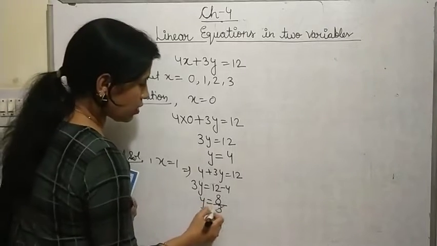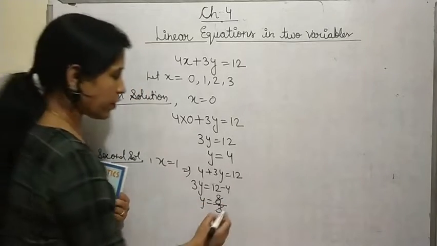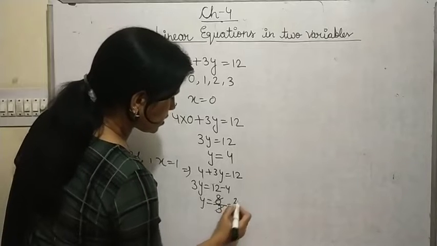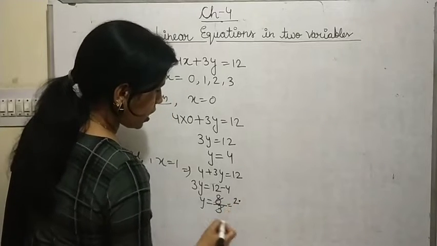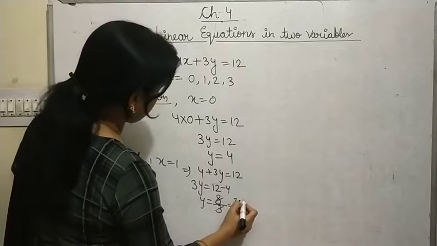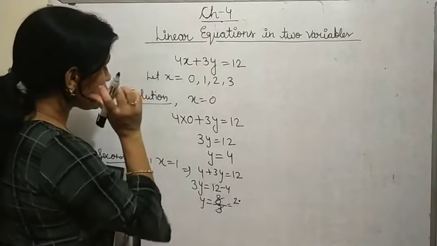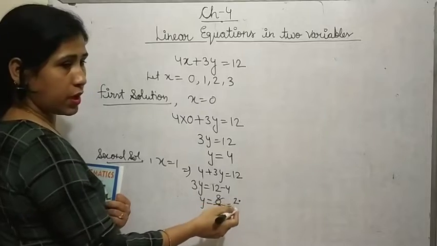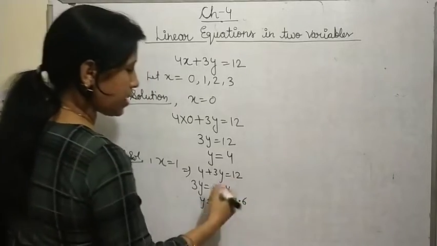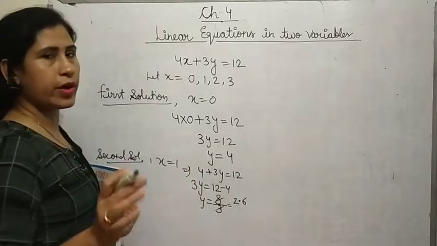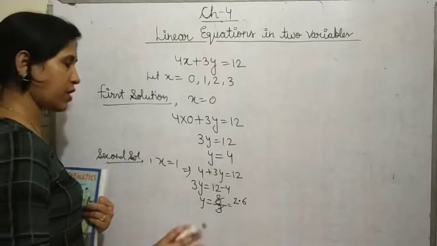This you can divide in decimal form also. 3 twos are 6, 2 and decimal, 3 twos are 6, then point 0 has come, 3 sixes are 18, then 2.666 will continue, so we will take it as 2.6.